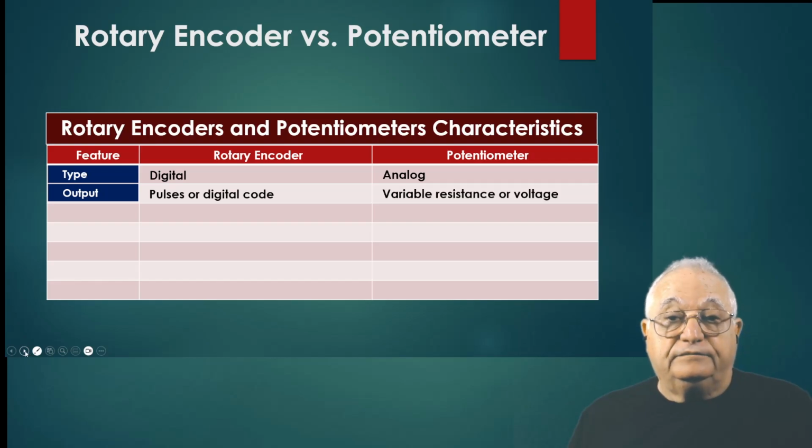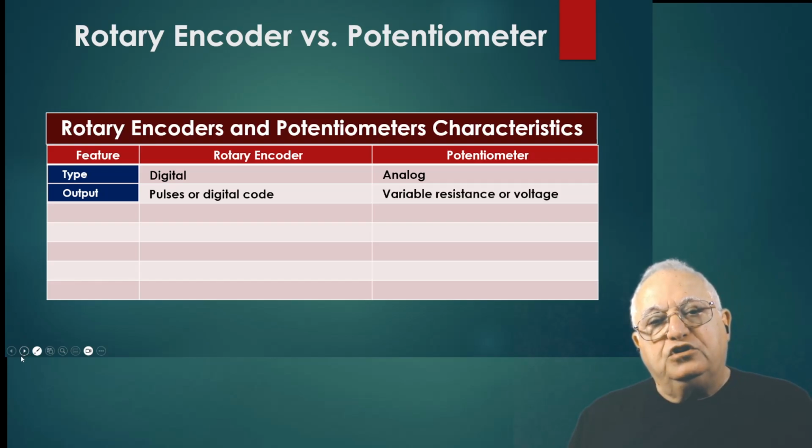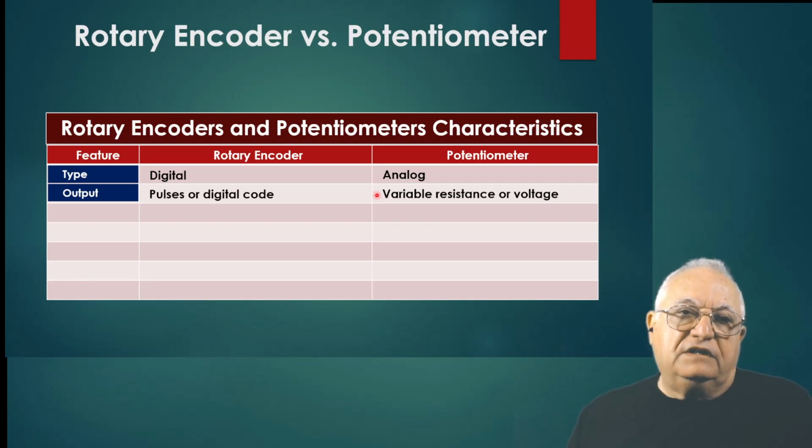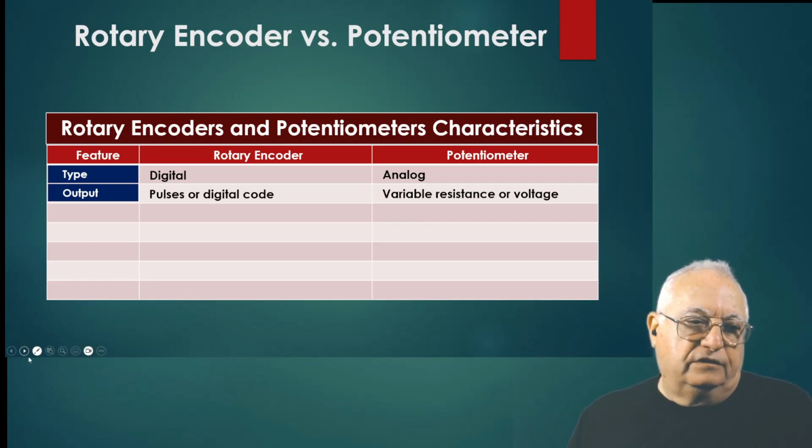On the other hand, the potentiometer output is variable resistance or voltage. What that means is that I have to hook up the potentiometer to an analog to digital conversion port, a port that has the capability to convert analog to digital, not to any port.